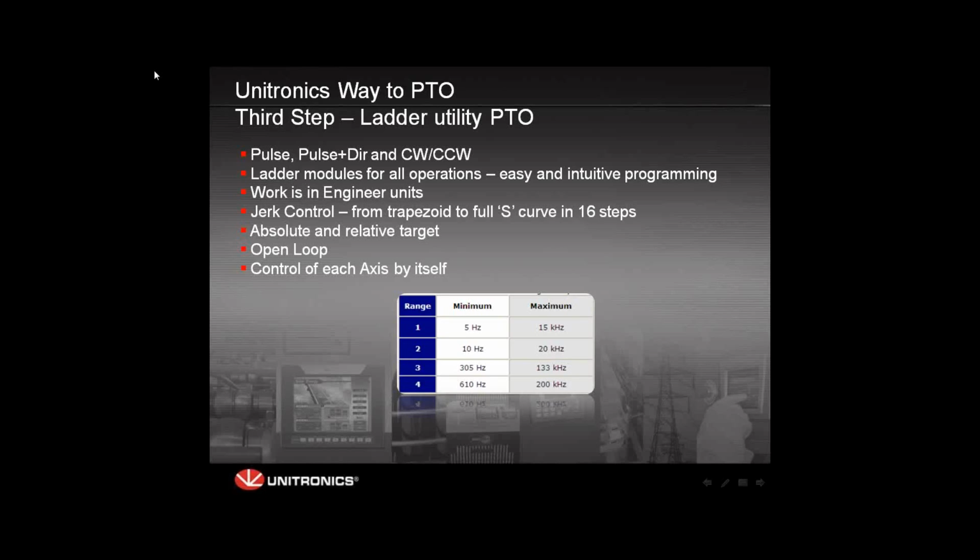One more thing about the PTO that you need to know is that it controls the movement in an open loop. It means that there is no feedback to the movement. The functionality depends on the control itself.